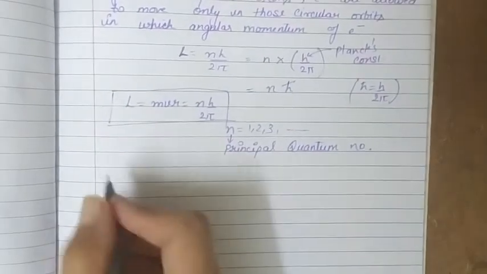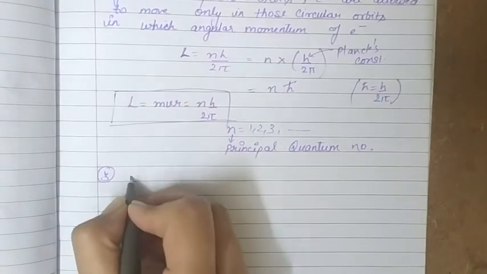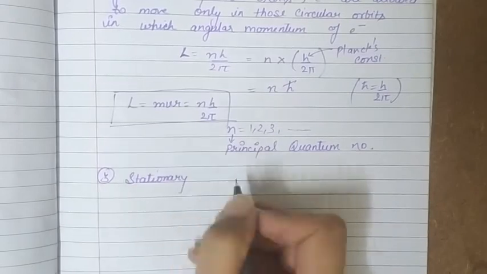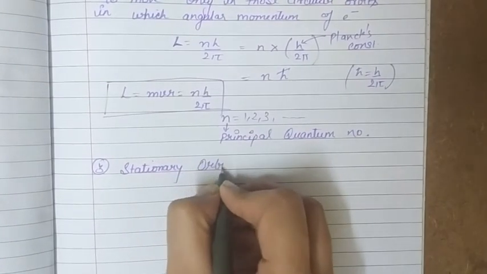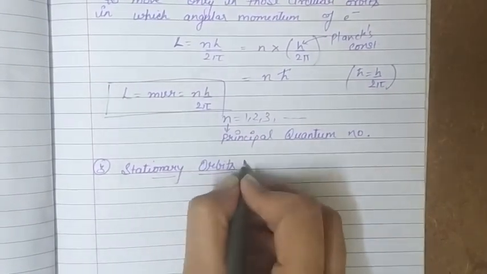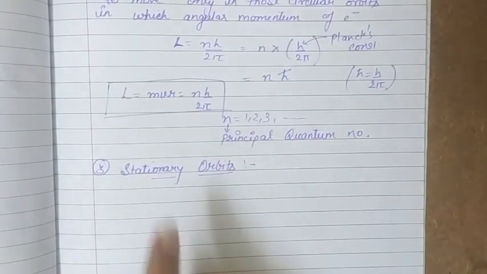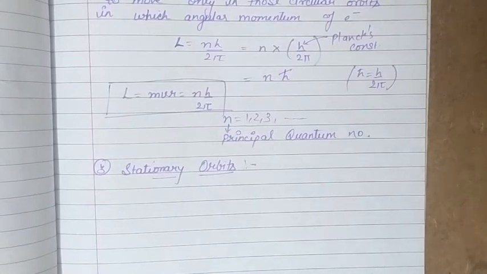The third postulate given by Bohr is of stationary orbits. By stationary orbits we mean that when an electron revolves in a permissible orbit, which has angular momentum equal to an integral multiple of h upon 2 pi, that electron does not radiate any energy.